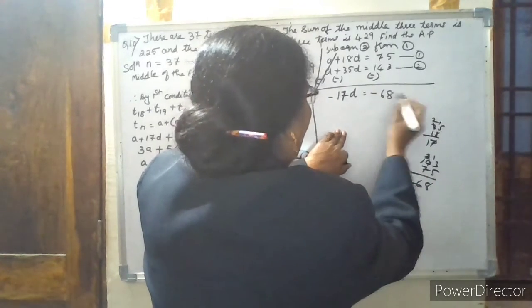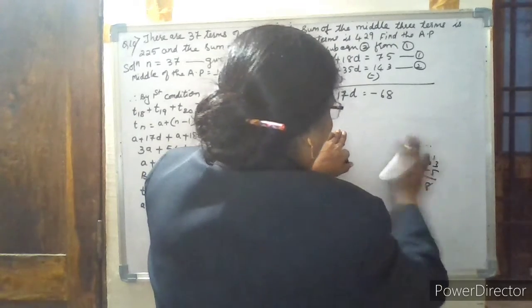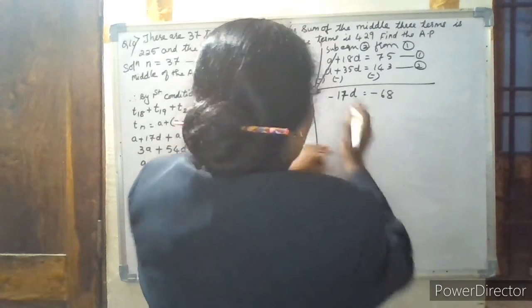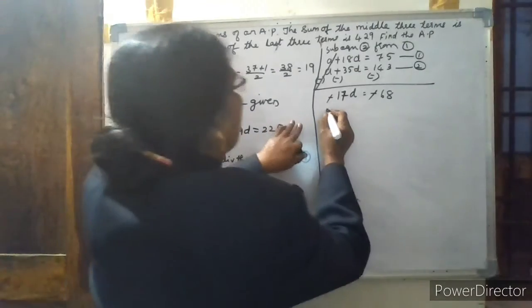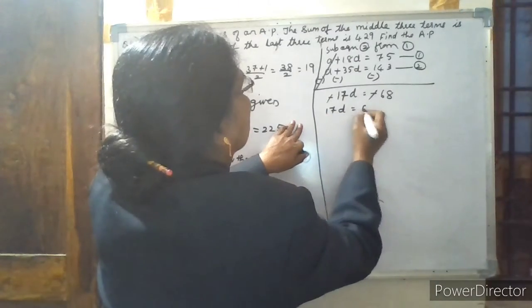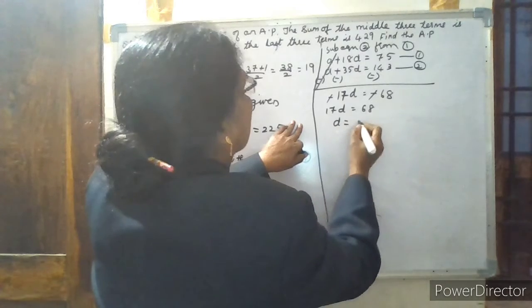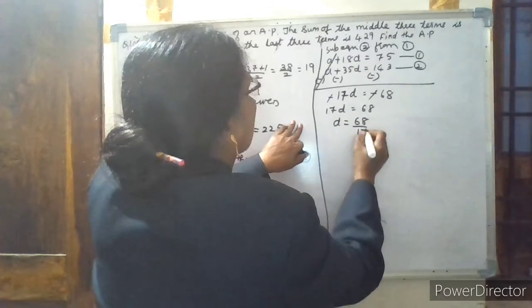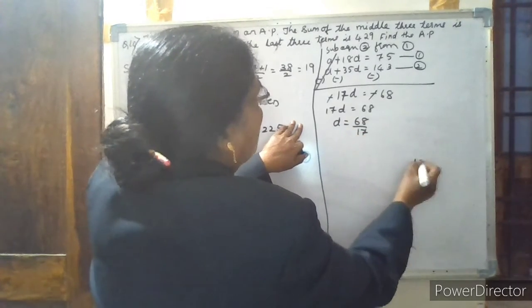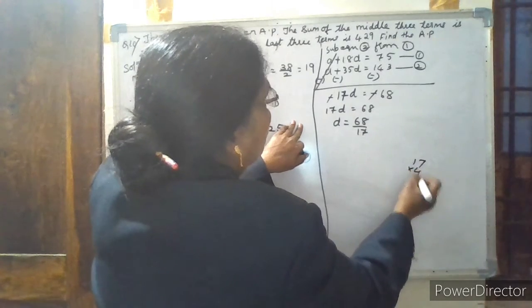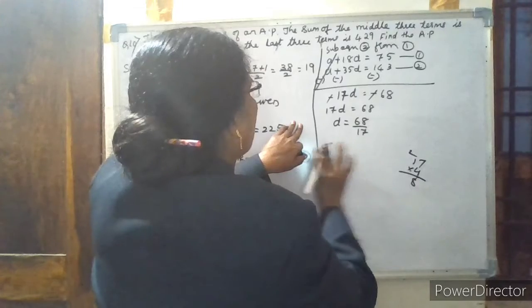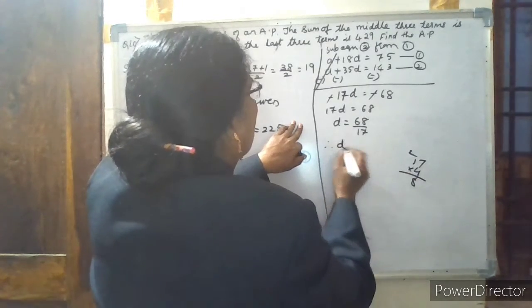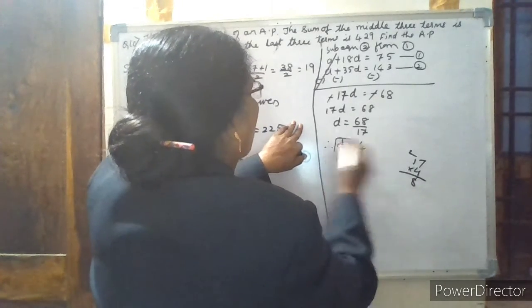Now both sides have the same sign, so cancel it. Now we have got 17d = 68. So d is equal to 68 by 17. 17 into 4 is 68. So therefore d is equal to 4. We got the value of d.